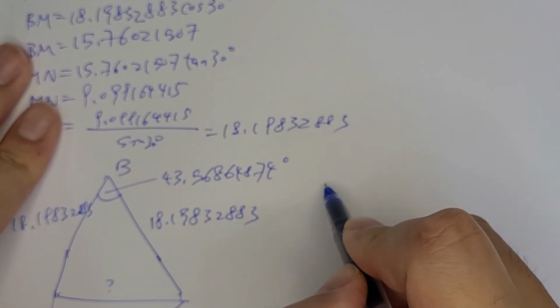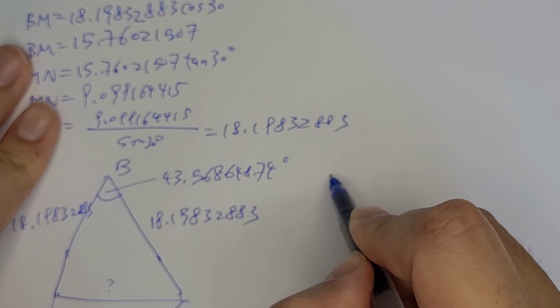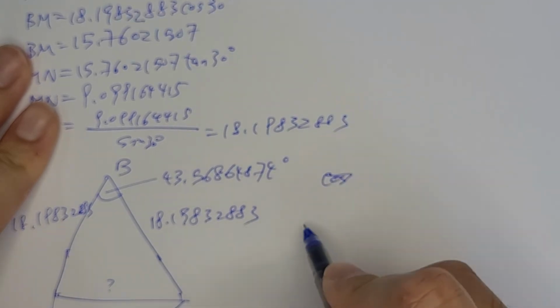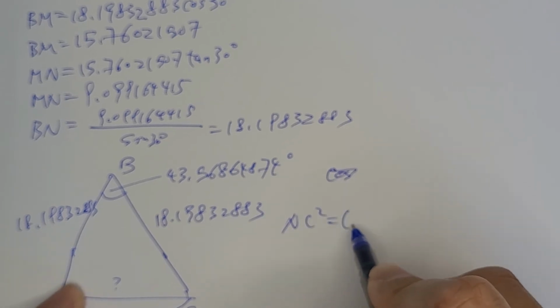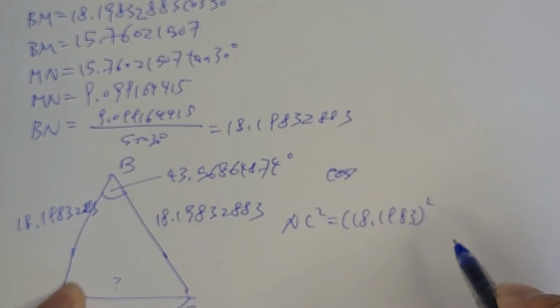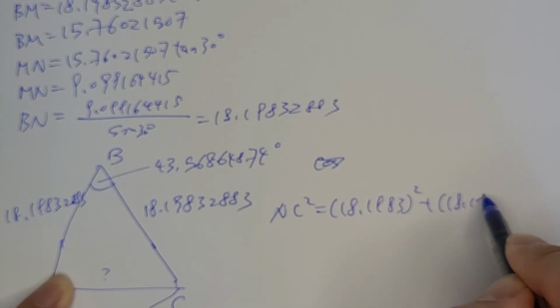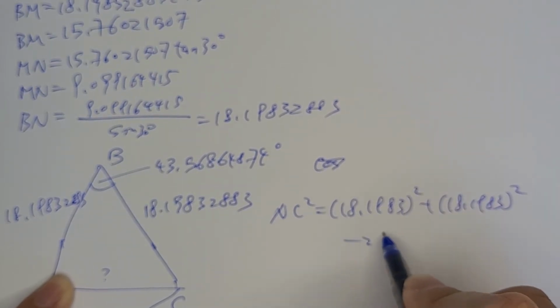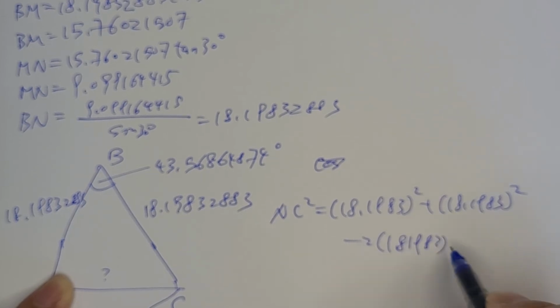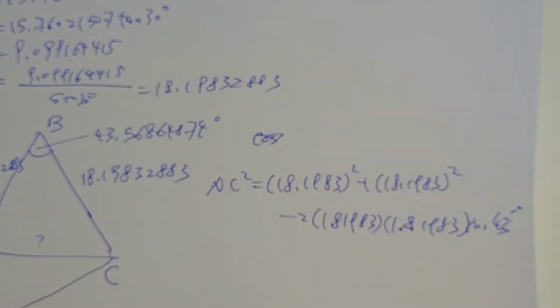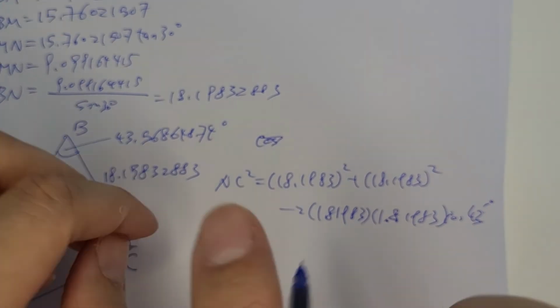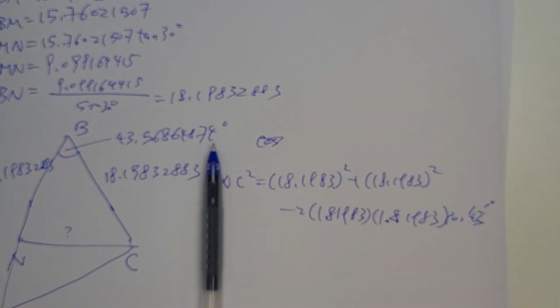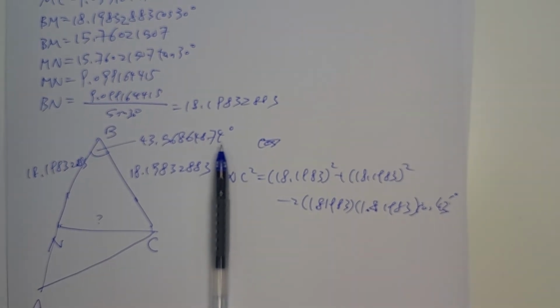NC squared equals 18.1983 squared plus 18.1983 squared minus 2 times 18.1983 times 18.1983 times cosine 43.56864874 degrees.